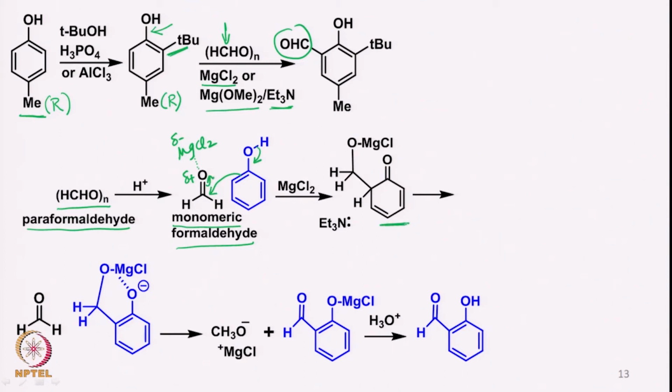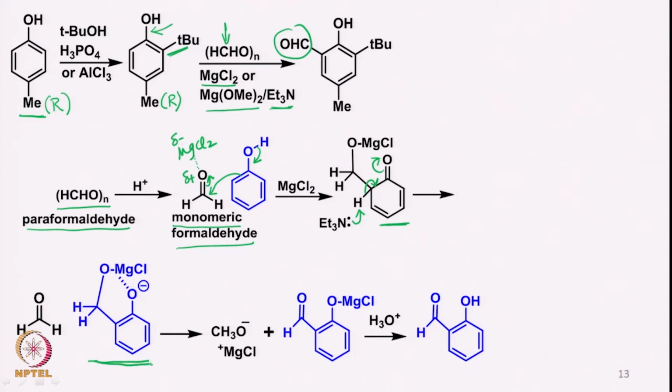then of course we can expect something like this to happen to form this intermediate. This intermediate then interacts with the triethylamine, and we can expect something of this kind to happen, and we get the aromatic system becoming like this.